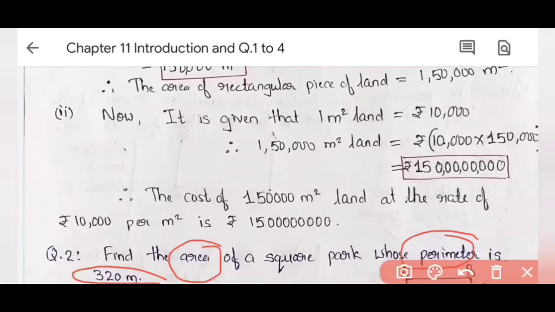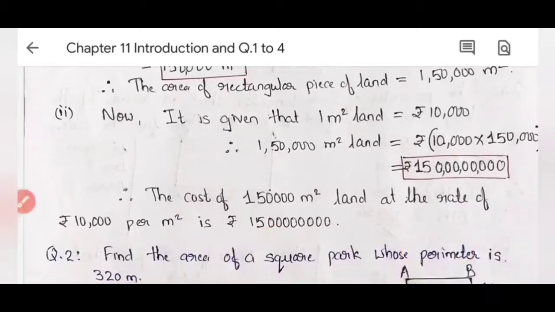As I have discussed, the formula for area of square is side into side, that is A into A, where A is one of the sides. Here they have not given us the side. So what will we do? We will utilize this hint which they have given us and find out the side and then apply it in the formula of area. So for that purpose, let us move forward.